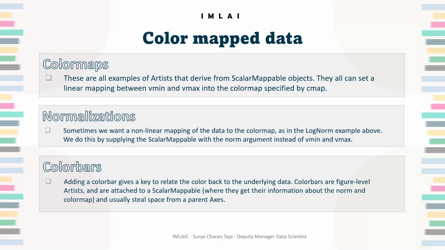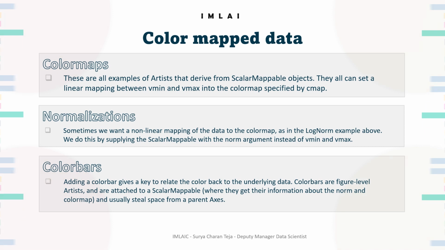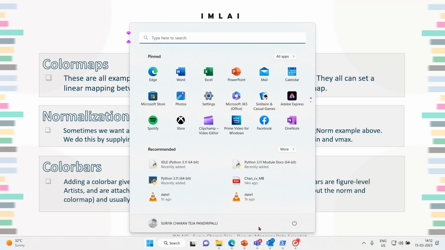So we'll be using the scalar mappable with vmin and vmax, the norm argument, and color bars. Using all those things we will create color mapped data. Let's do that.